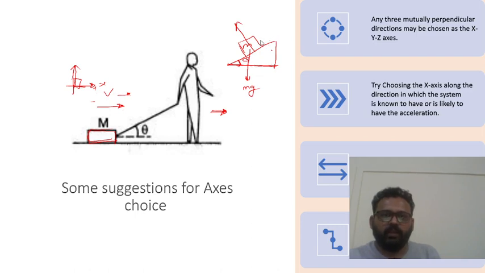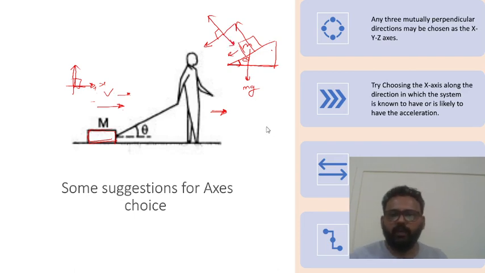And if it is falling down, then this is the direction of motion. So in that case, you choose the positive x-axis in this direction, and the y-axis in this direction, which is perpendicular; this is the negative x-axis, and this is the negative y-axis. It will help you solve problems more quickly.